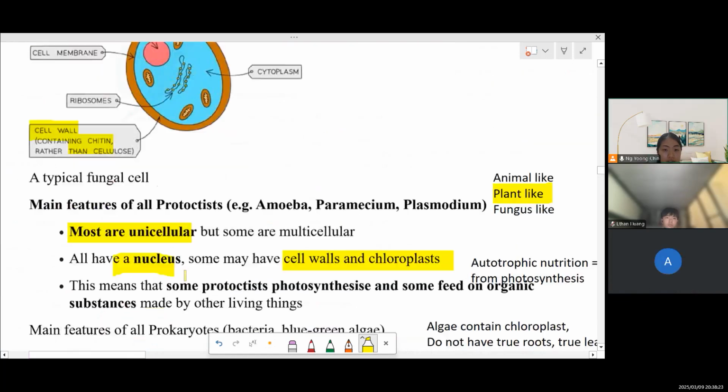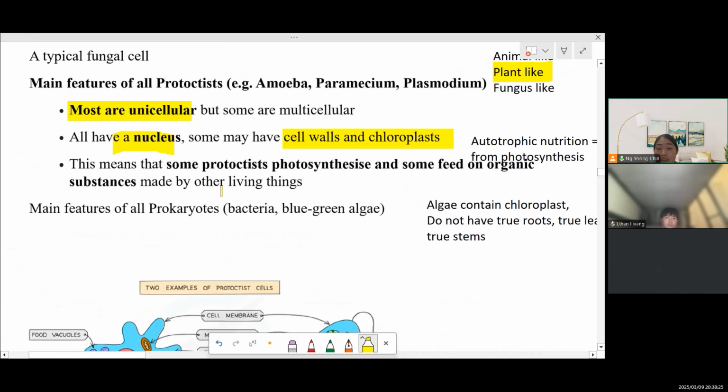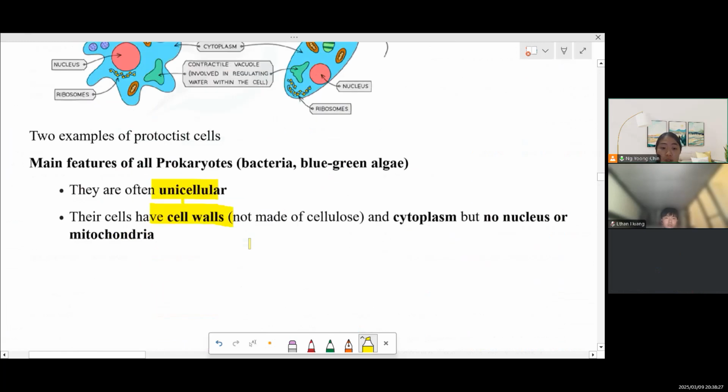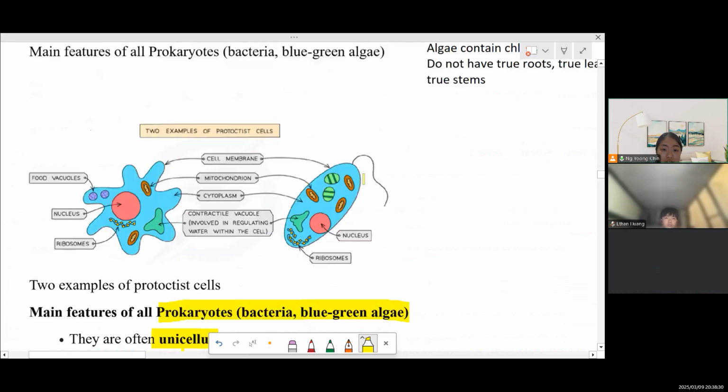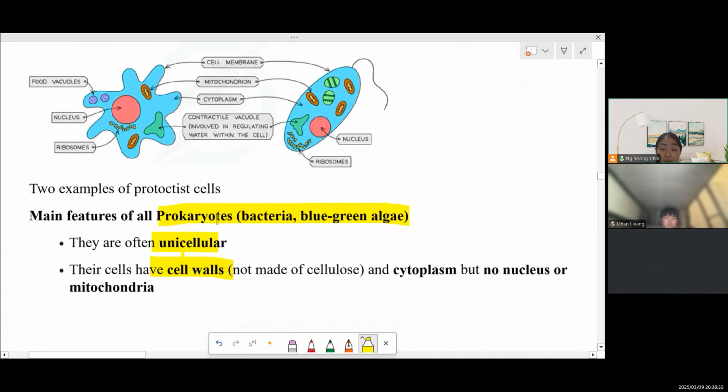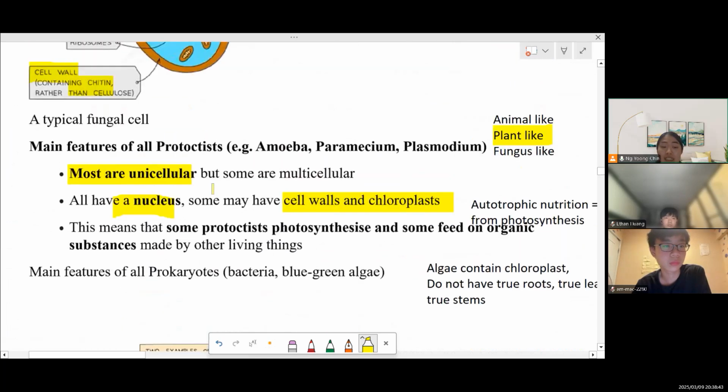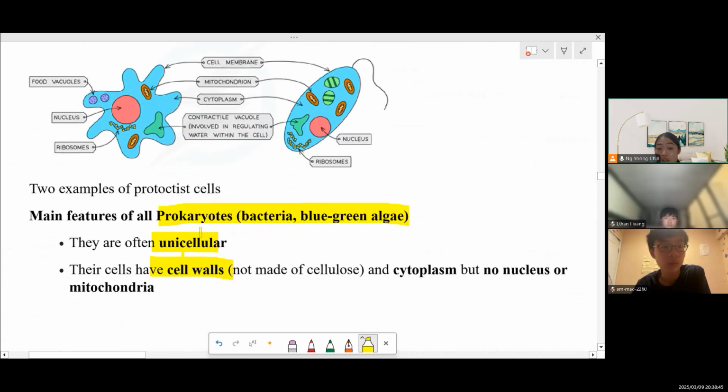Okay, so that's it. Remember that protists are different from prokaryotes, yeah? Prokaryote refers to the bacterial cell usually, which has a very simple structure. So prokaryote cells, just like protists, are both unicellular.